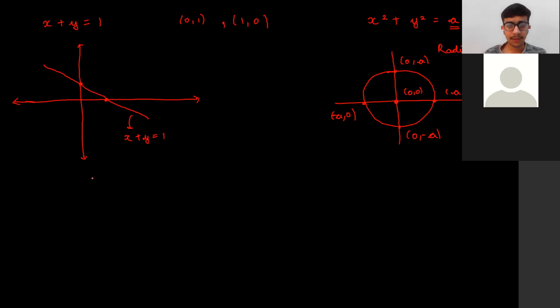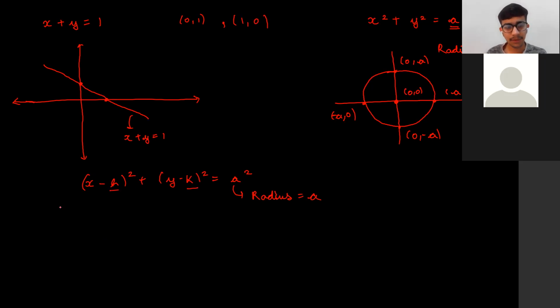Now next comes up a different type of circle. Let's say you have x minus h the whole square plus y minus k the whole square is equal to a square. Now in this particular kind of circle, we again have the radius as a, but now the center is h and k.